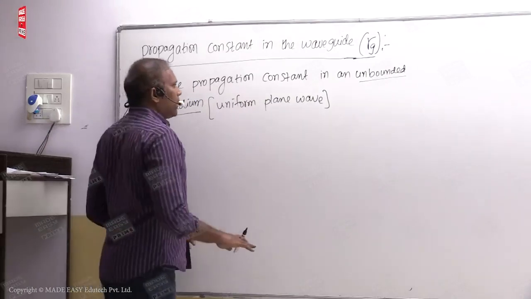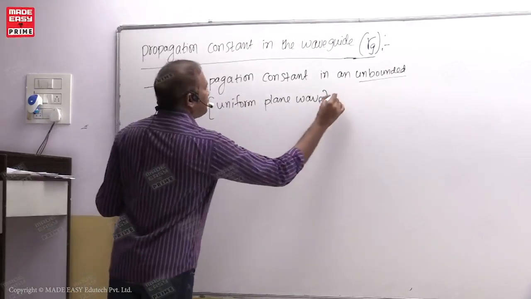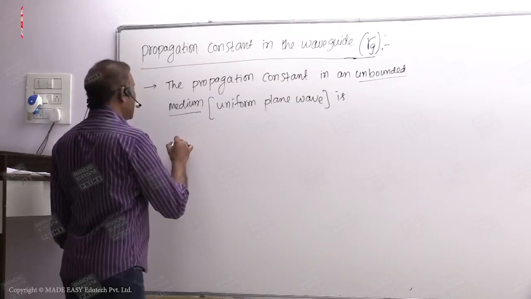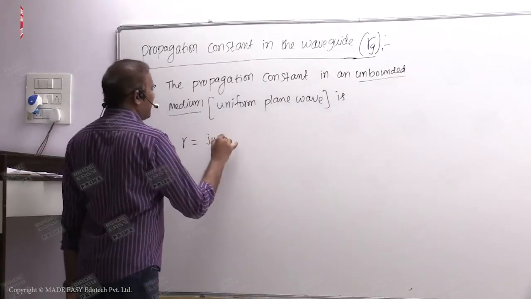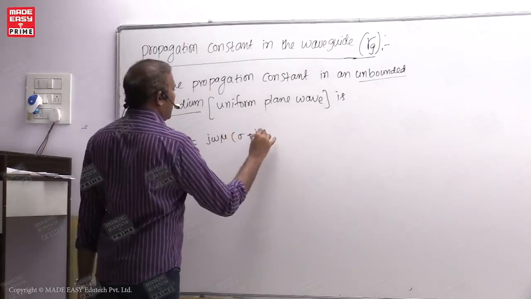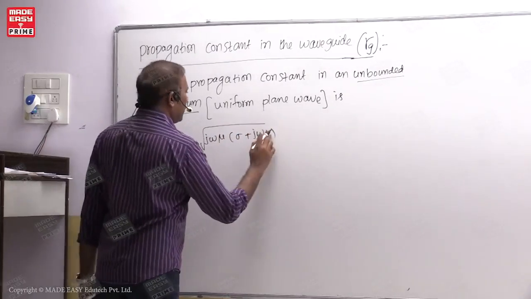The propagation constant in an unbounded medium is gamma, and that gamma is equal to the square root of j omega mu into (sigma plus j omega epsilon), and already we know that one.